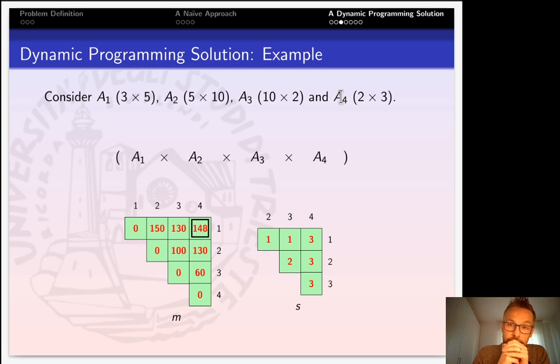I hope you enjoyed this algorithm, because it is quite interesting from a theoretical point of view, at least, because it gives you the chance to investigate why dynamic programming is so interesting.